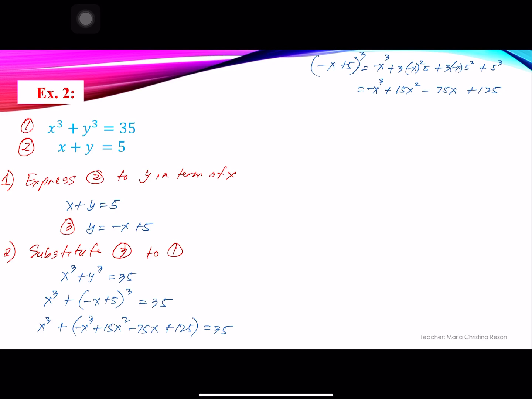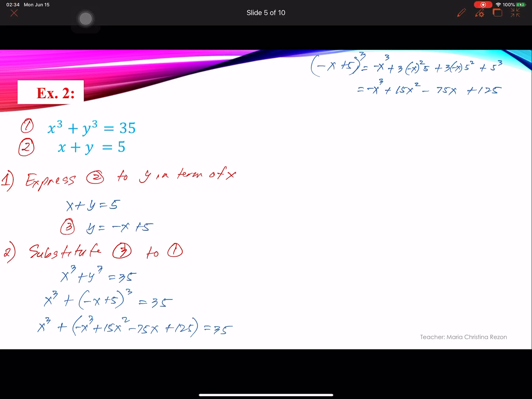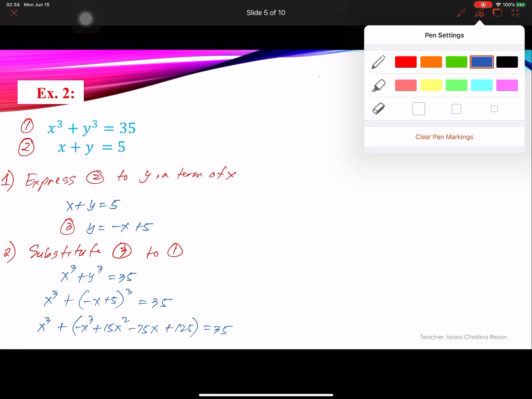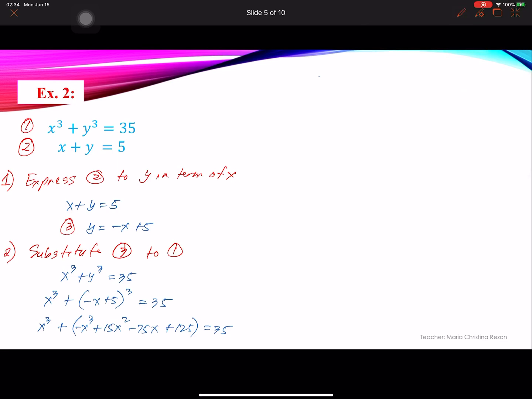And then, we will just erase this part here so that we will use this space to continue our solution. Then we can combine like terms here. So x cubed and negative x cubed, that is 0.